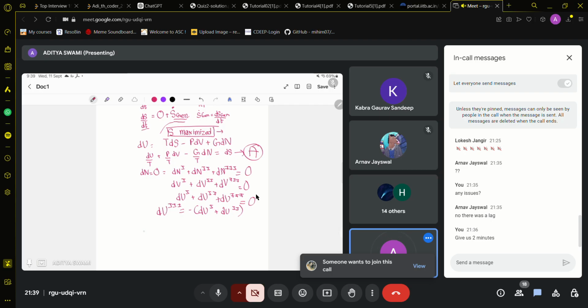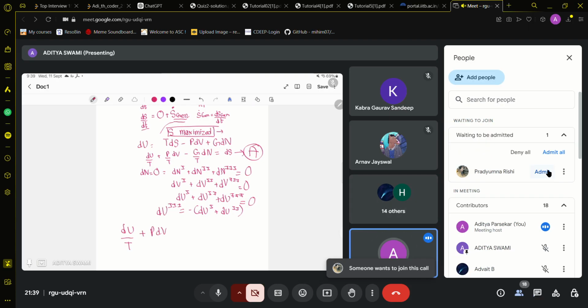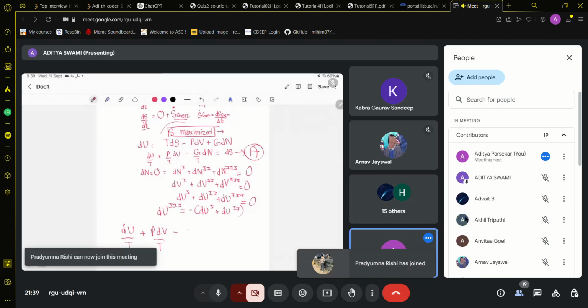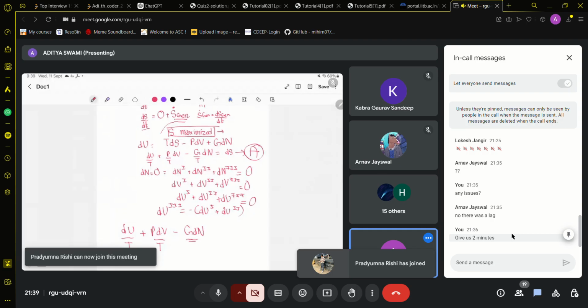So now this equation will split as du by t plus p dv by t minus g dn by t, right? And this is going to be applicable for each system. So for system 1, similarly for system 2, and similarly for system 3.